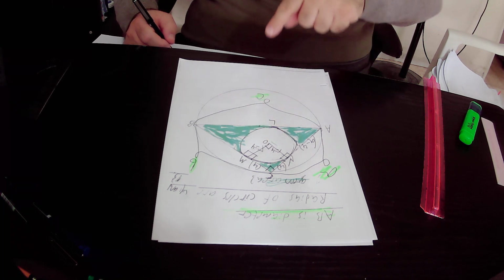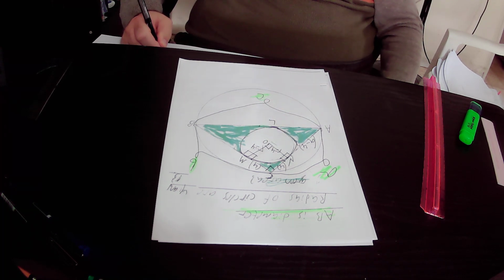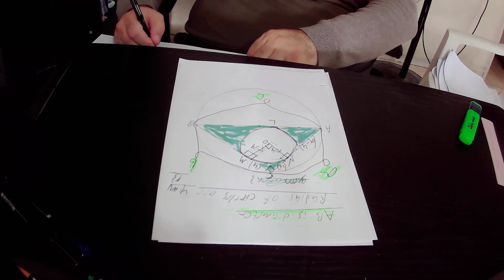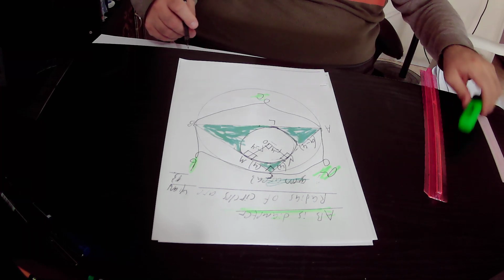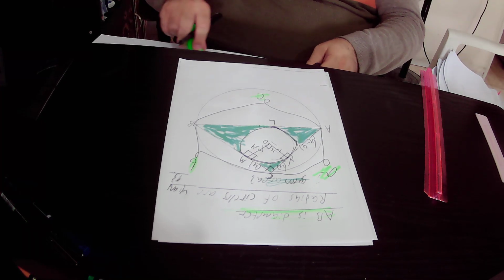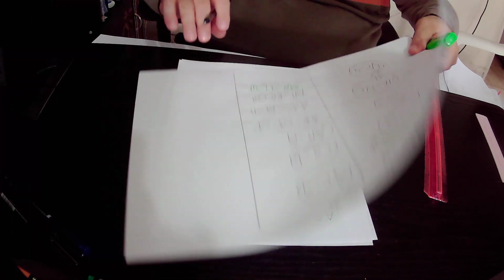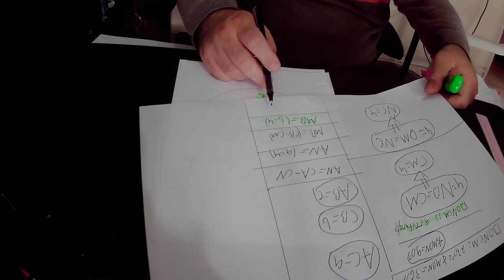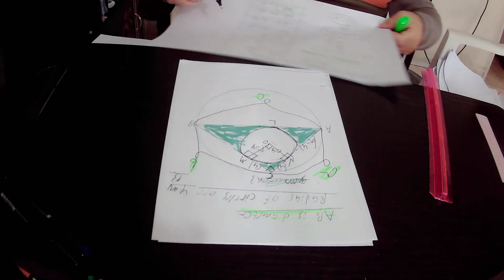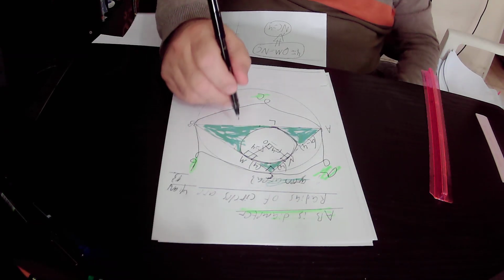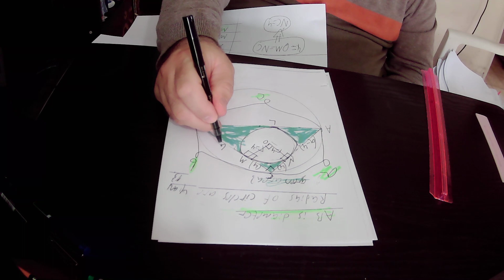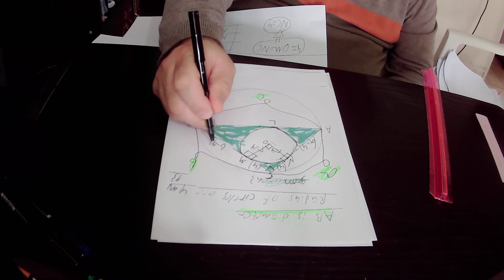CM equals 4 according to what we have already found out. So in conclusion, we found out that MB equals B minus 4.